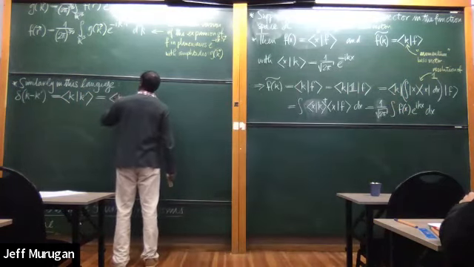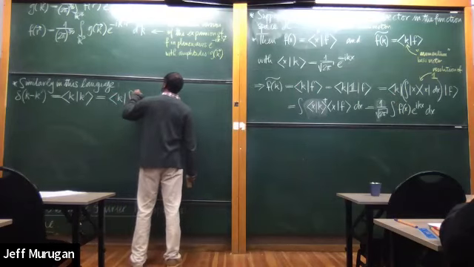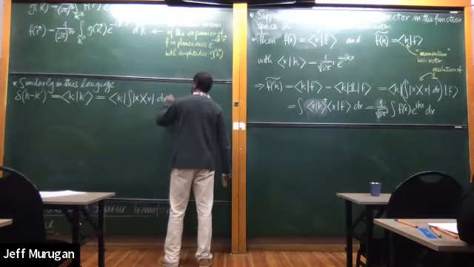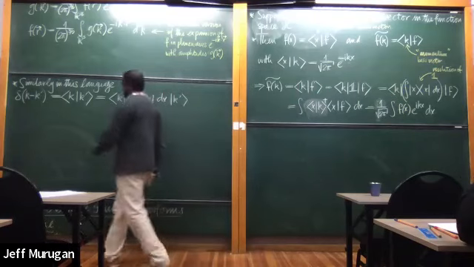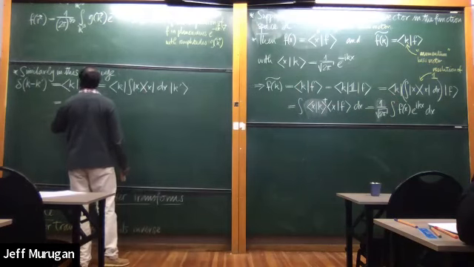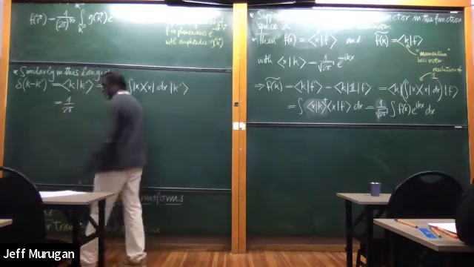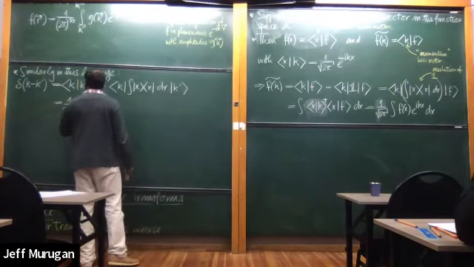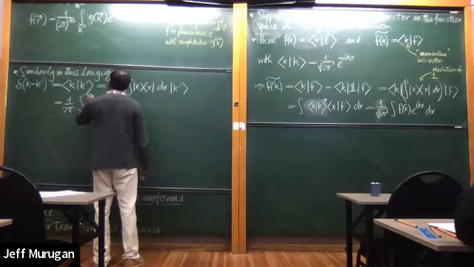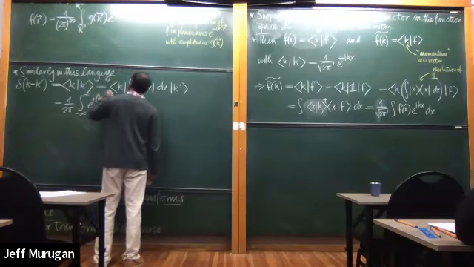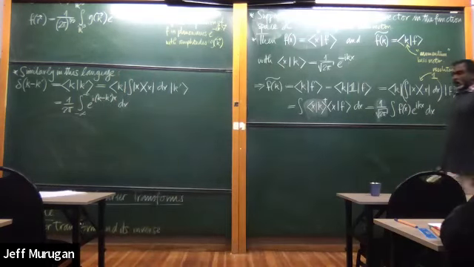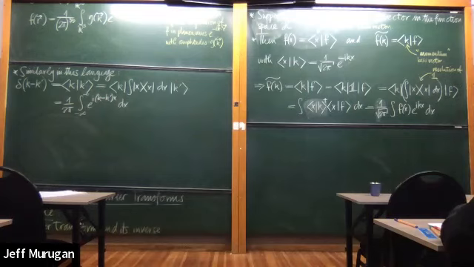So this is the integral over x of <k|x><x|k prime>, which is just 1 over 2 pi times the integral from minus infinity to infinity of e to the i (k minus k prime) x, which you would recognize as the integral representation for the Dirac delta function.